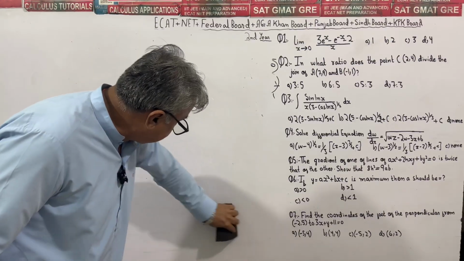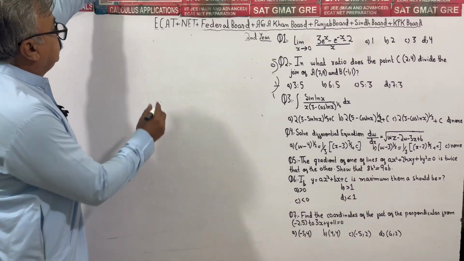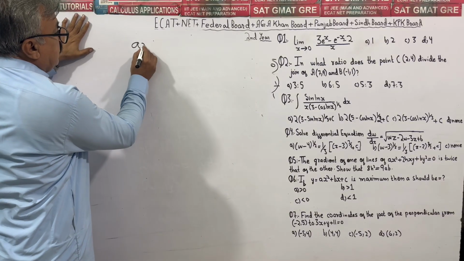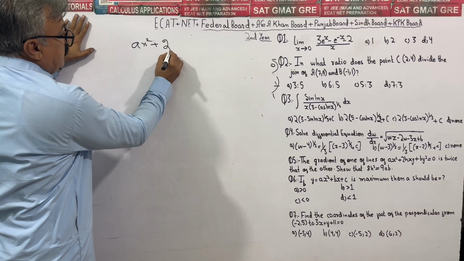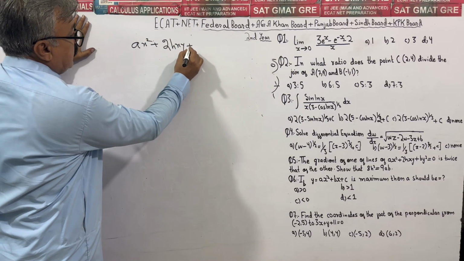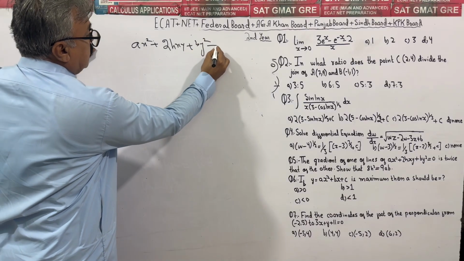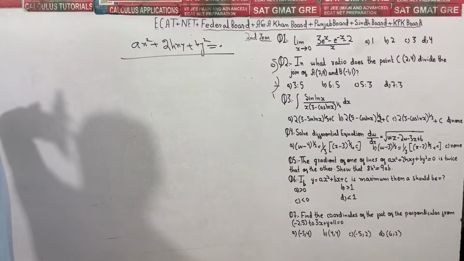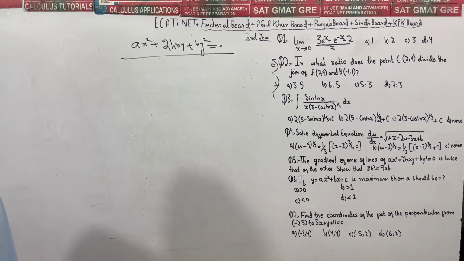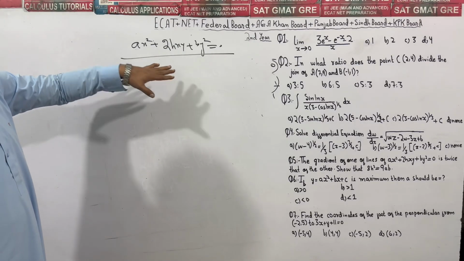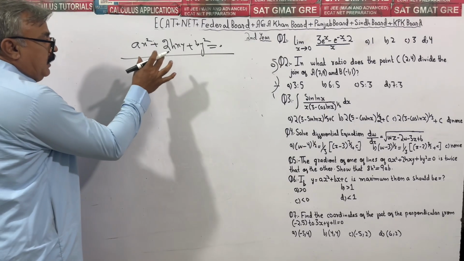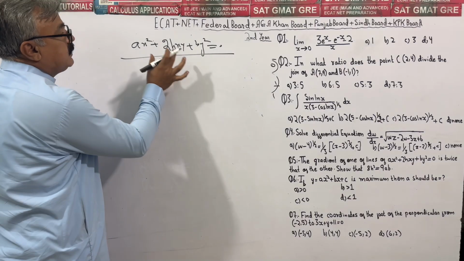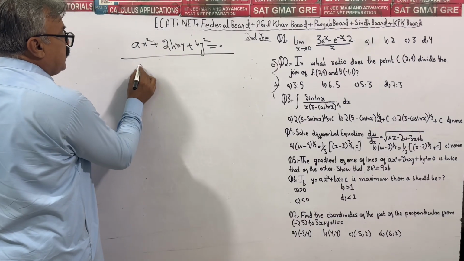The combined equation of straight lines passing through the origin, that is ax square plus 2hxy plus by square, is a second degree homogeneous equation. Solve this one by splitting it according to y, quadratic in y.